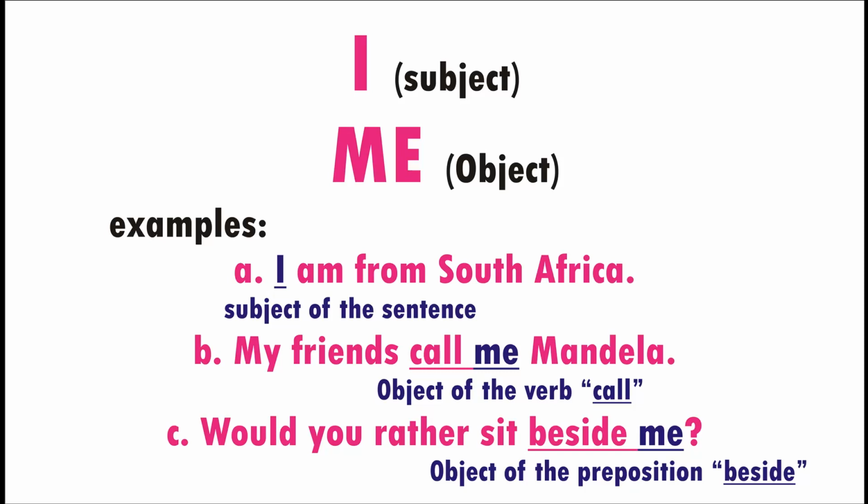For example, in I am from South Africa, if we put the pronoun me in that place instead of I, it's going to be me am from South Africa. This sentence is not correct because you are putting the object pronoun me in the place of the subject. So if you try to put I in example B instead of me, and I instead of me in example C, you would realize that the sentences would not really sound well.